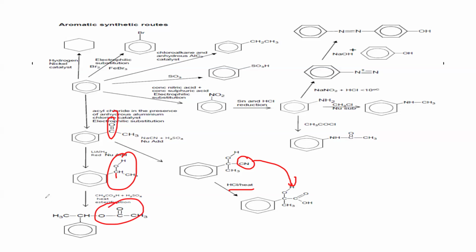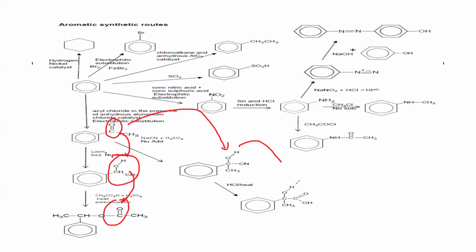So it's the same: if it's a reaction on the side chain, we follow this procedure. These are all reactions on the side chain: ketone turns into alcohol, alcohol turns into ester, ketone turns into nitrile, nitrile turns into carboxylic acid.